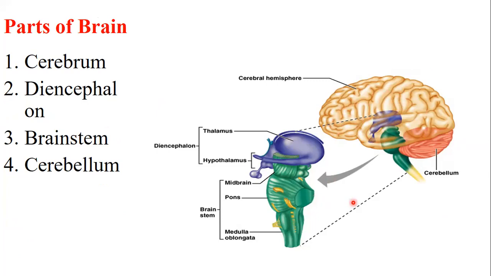Then cranial nerve number 3 and number 4 communicate with the midbrain. Then cranial nerve number 6, 7, 8, 9 communicate with the pons.